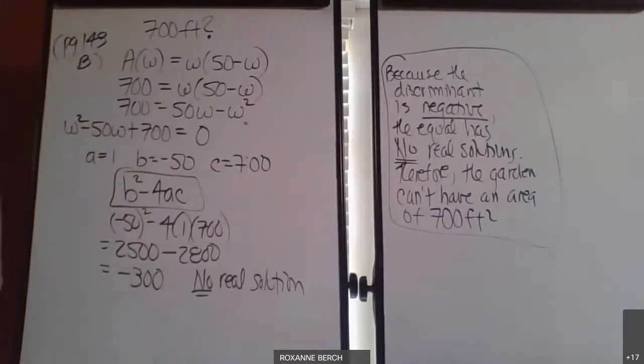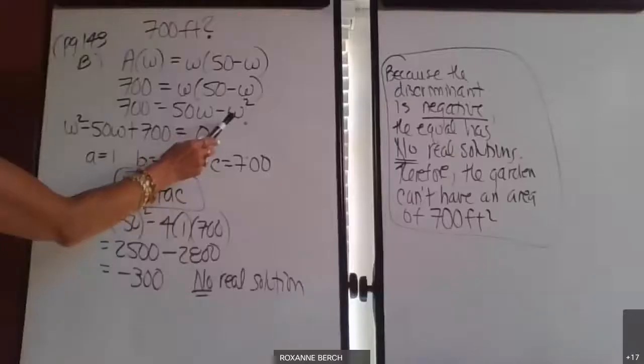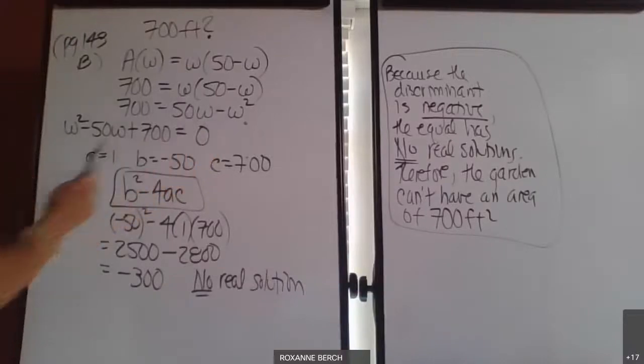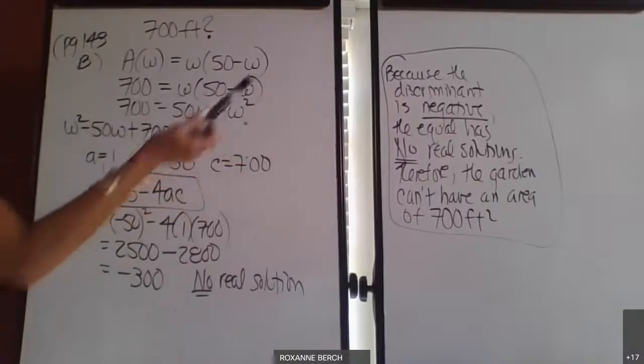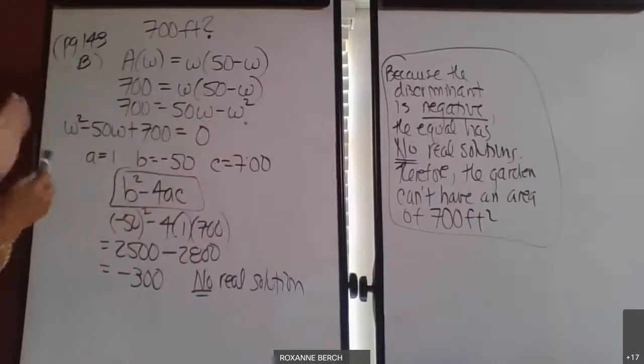Ms. Birch, I have a question. Yeah. How come you brought over the negative 50, the positive 50W and the negative W squared instead of just bringing over the 700? Okay, I don't like the square term to be negative. So I could have multiplied everything through by a negative, but I decided to add W squared so that this would be a positive 1.